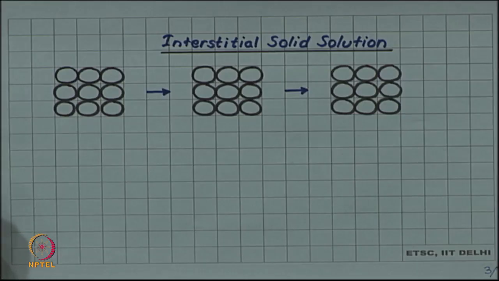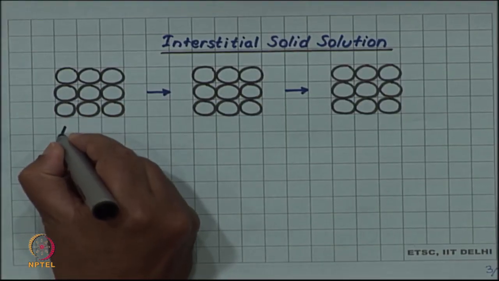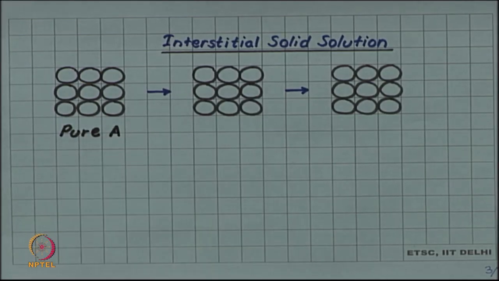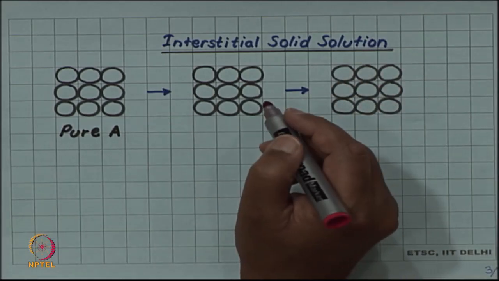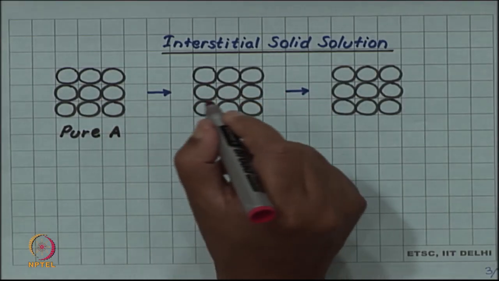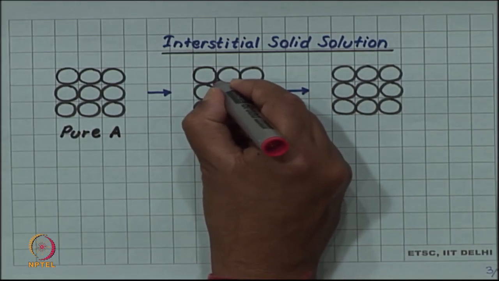So, first let us look at the interstitial solid solution, and let me start with this two dimensional cartoon example, and let me call this pure A. So, the first diagram is representing pure A, and now I want to make an interstitial solid solution by adding B to A, and B of course, as we have seen in the previous lecture, will go in the interstitial voids of A. So, these are the locations of interstitial void.